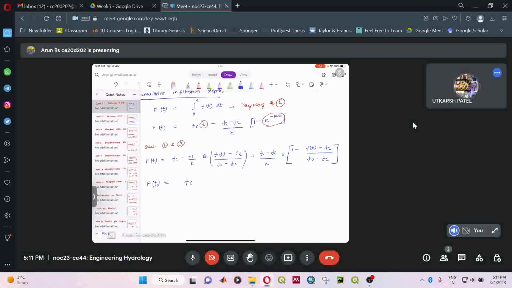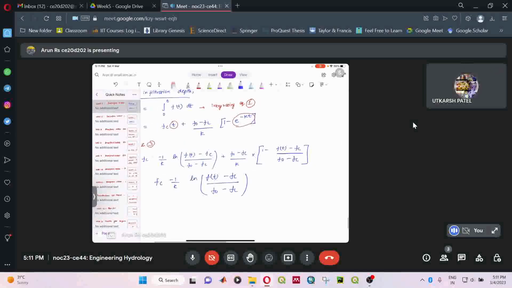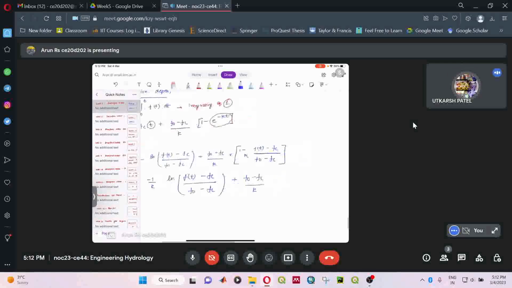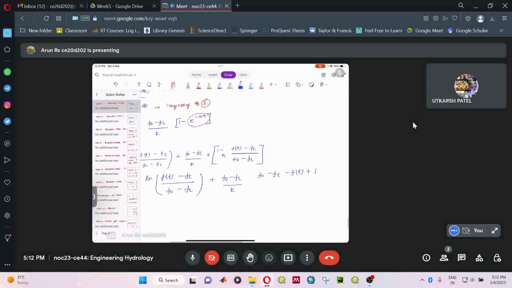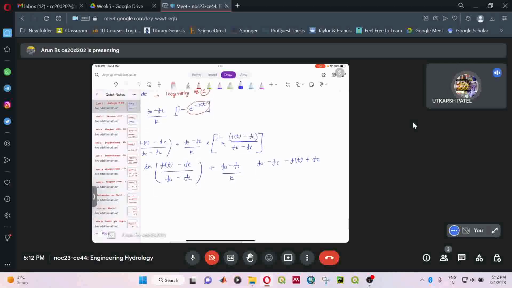So F of t is equal to fc into minus 1 by k into ln of (ft minus fc) divided by (f naught minus fc). I'm just going to take an LCM over here. So that will be f naught minus fc minus f of t plus fc, and here you can put a bracket, divided by f naught minus fc.